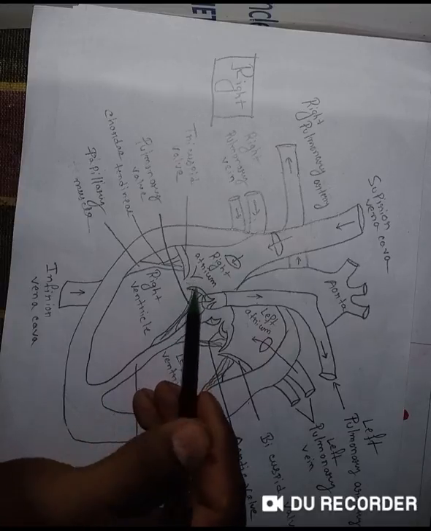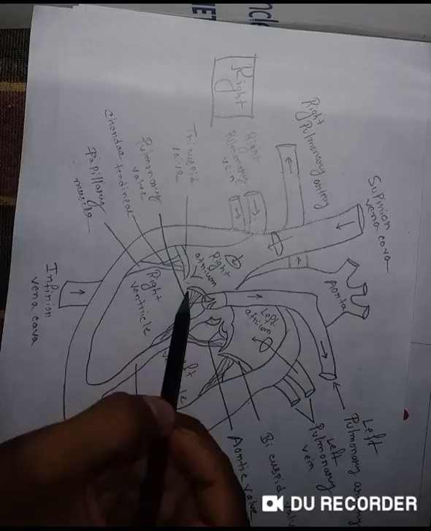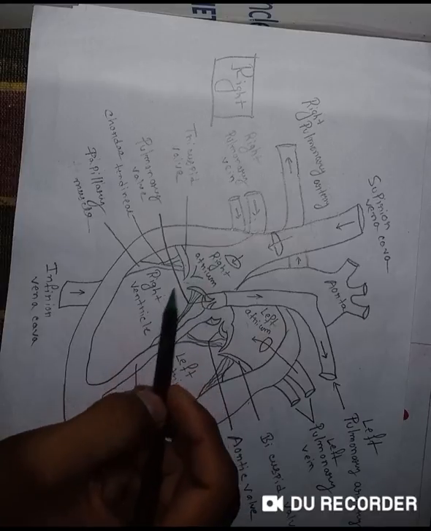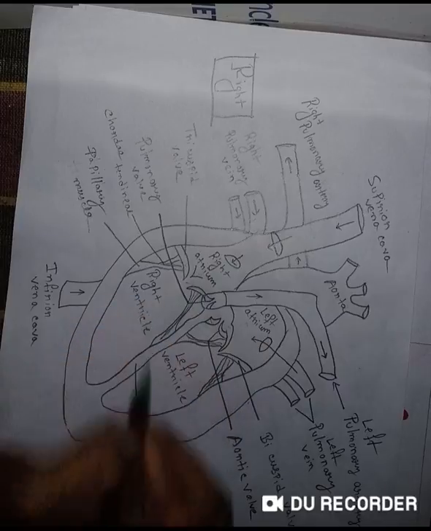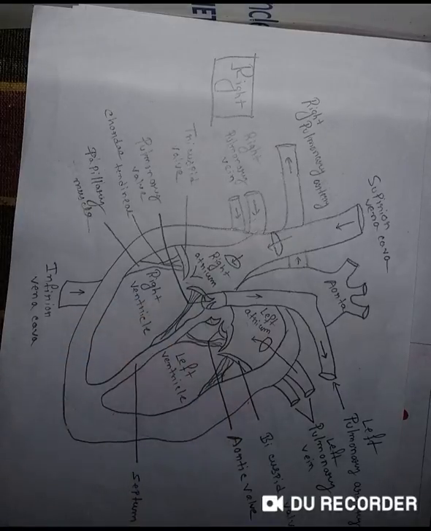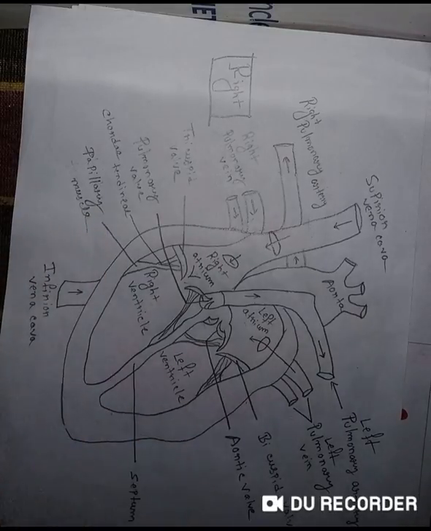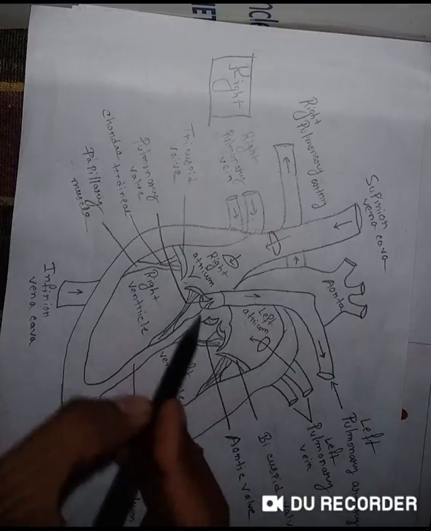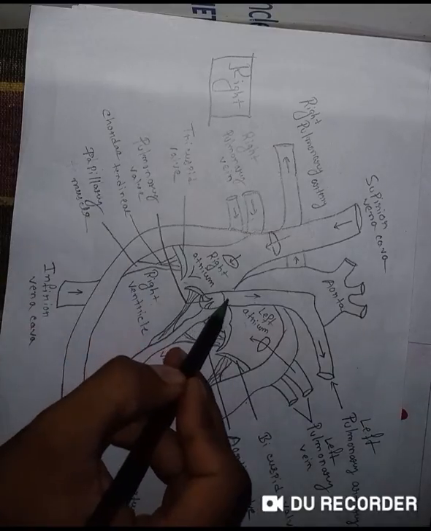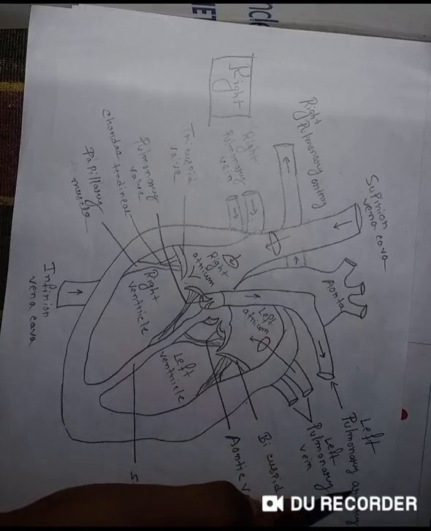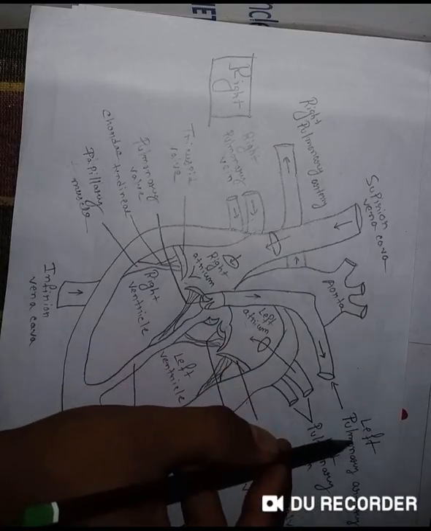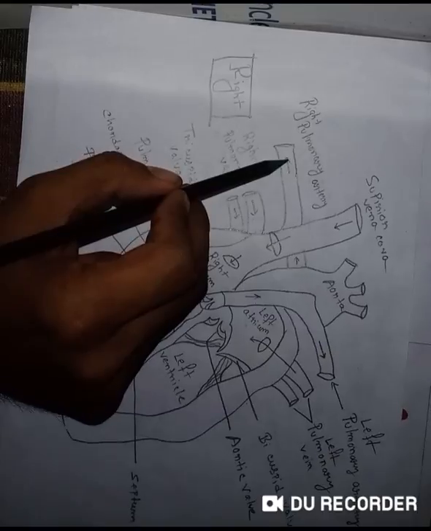It is opening like a cup, and the blood comes from the right atrium to the right ventricle, and then the ventricle contracts, and because of this contraction the blood goes through the pulmonary artery, this side the left pulmonary artery and this side the right pulmonary artery.